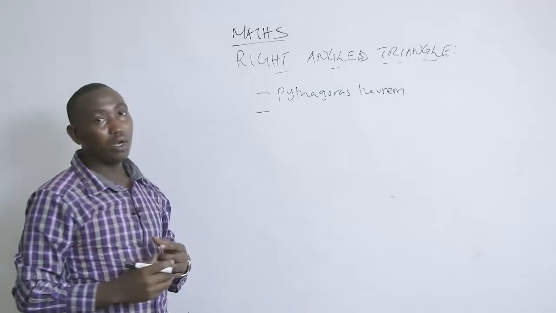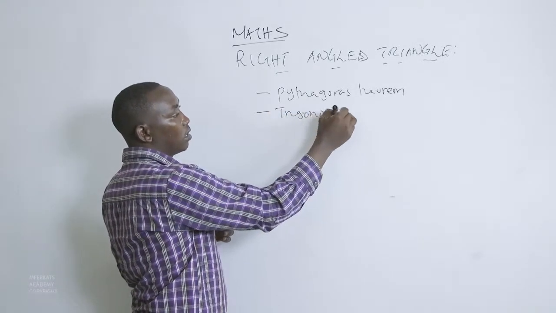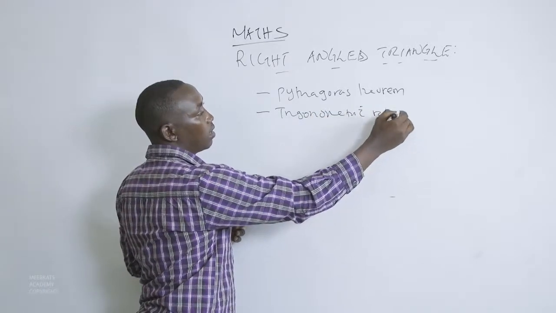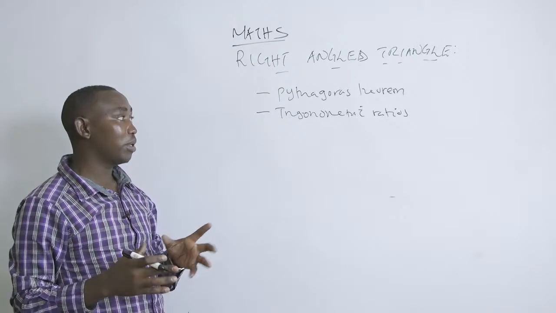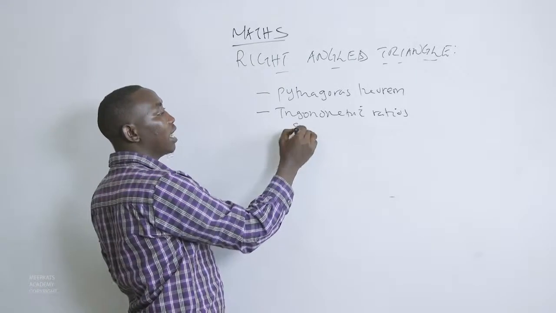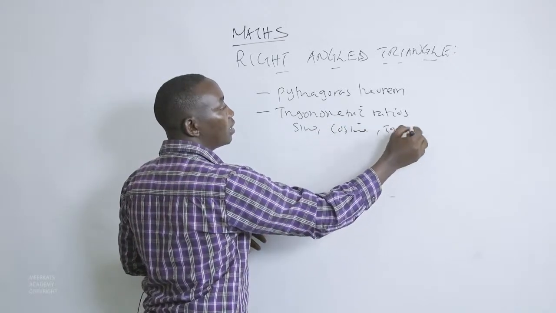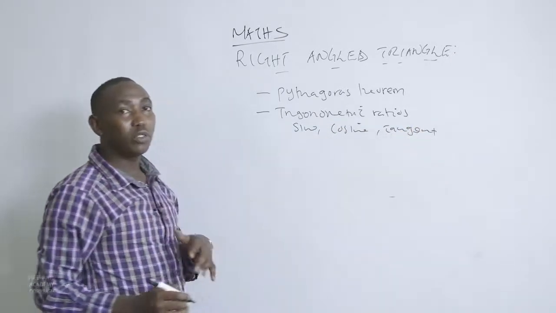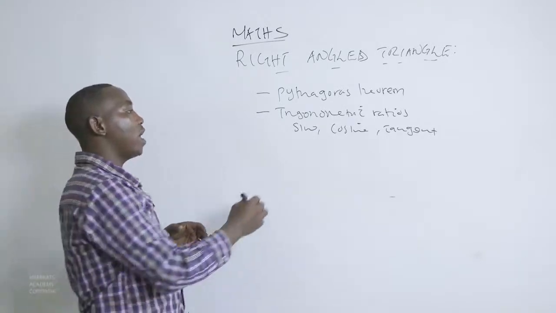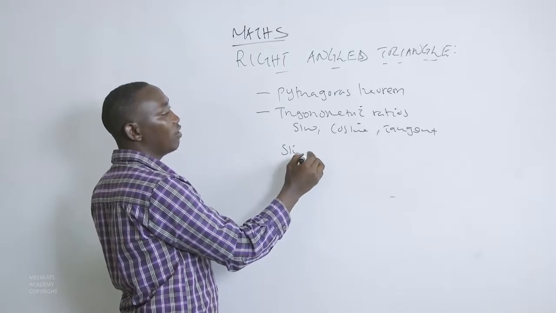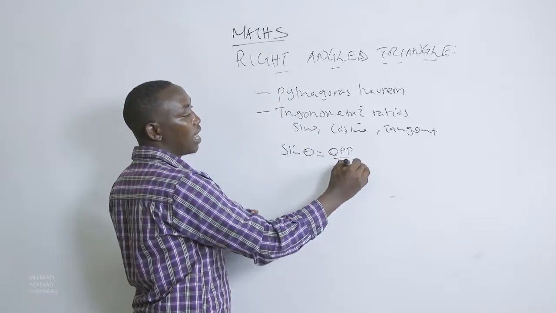We have also looked at the trigonometric ratios, where we said there are three basic trigonometric ratios in this particular topic. That is the sine, cosine, and tangent. We were able to give the ratios for those three, where we said that in any case, sine of an angle theta is normally given by the opposite divided by the hypotenuse.